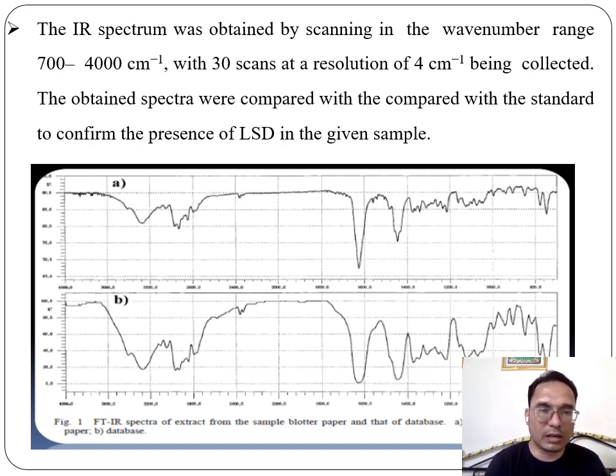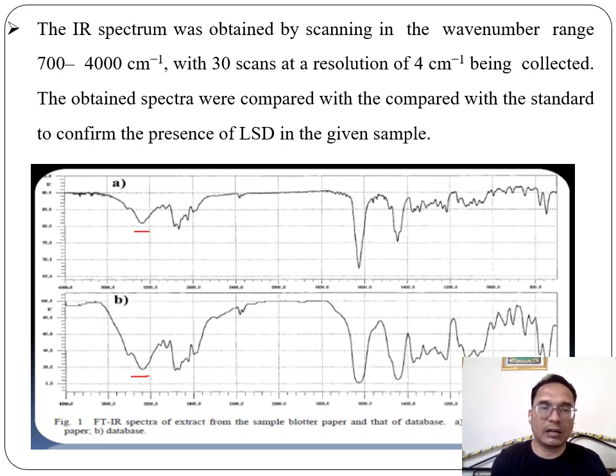Here, spectrum A is of the standard compound LSD, that is lysergic acid diethylamide, and spectrum B is the spectrum of the sample. We can see here that the peaks are exactly identical.